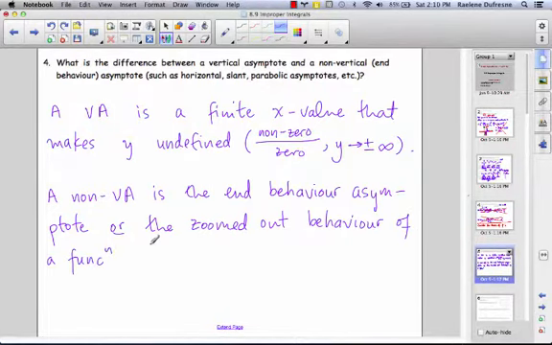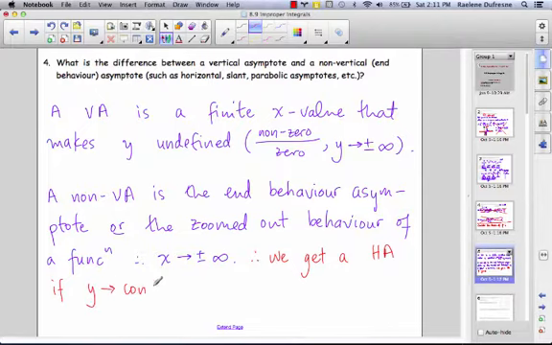And when we talk about the zoomed out behavior, it means that x is approaching plus or minus infinity. So we would specifically get a horizontal asymptote if y approaches a constant when x approaches plus or minus infinity.